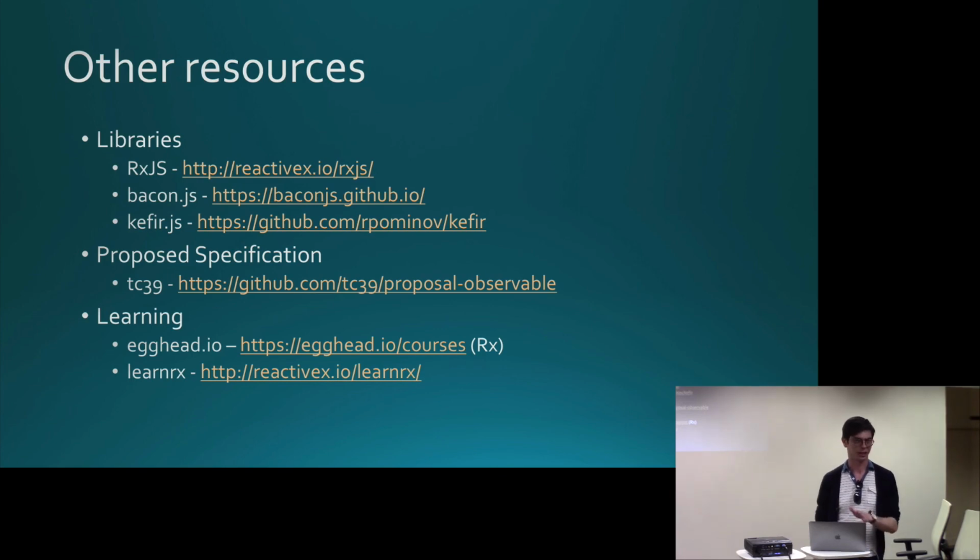He has a great recorded presentation you can find all over the internet, where he asks, what's the difference between an event and an array? Which blew my mind when I first heard it. So that was another entry point for this. This is basically some walkthrough training that you can do of the LearnRx. It goes from arrays into observables. It's really a good way to get your head into it.